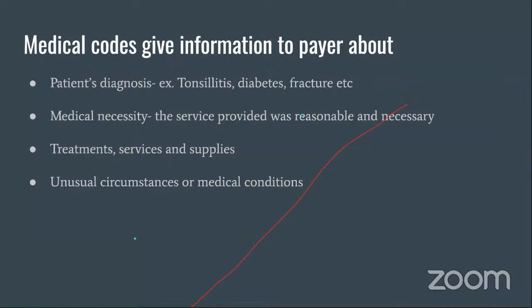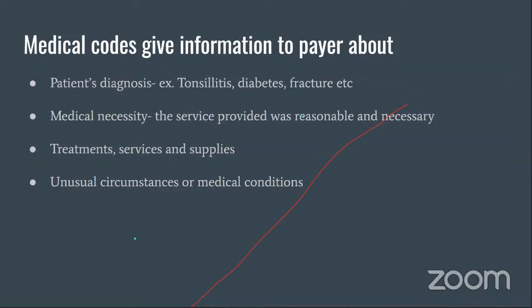Number three is treatments, services, and supplies. By that we mean what medicines were used. If the patient was given only oral medicines, were there any injections given? Were any syringes used? Was there a saline set? Was there a catheter that was used?